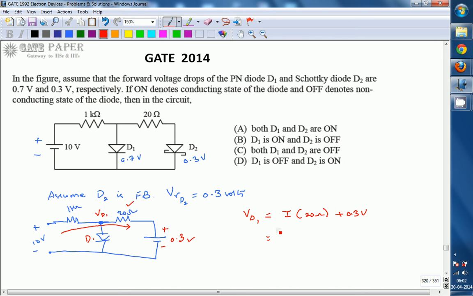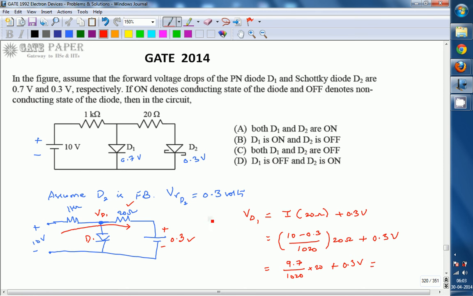Now I can be written as total voltage divided by total resistance. If you write KVL for I, then I is 10 minus 0.3 divided by 1020. So VD1 is (10 minus 0.3) divided by 1020, into 20 ohms, plus 0.3 volts. That is 9.7 divided by 1020 into 20, plus 0.3 volts.